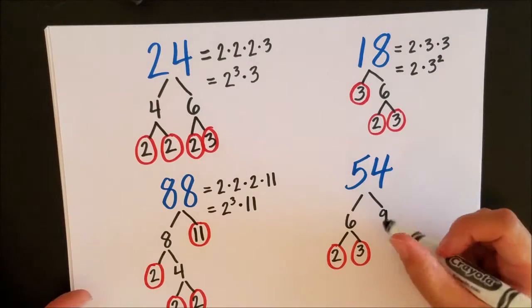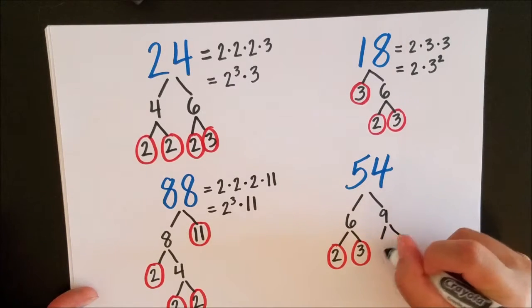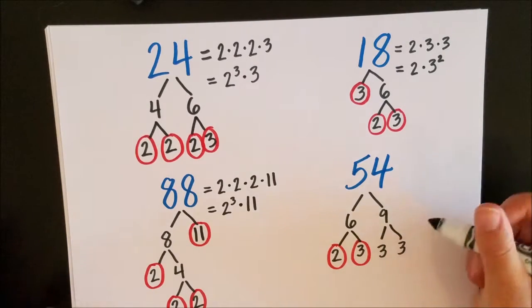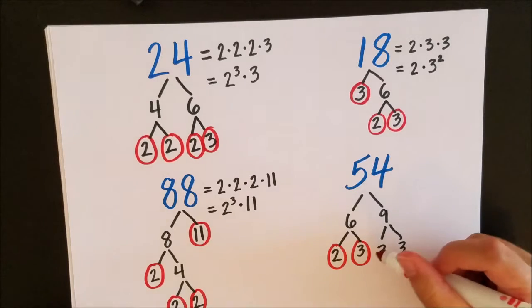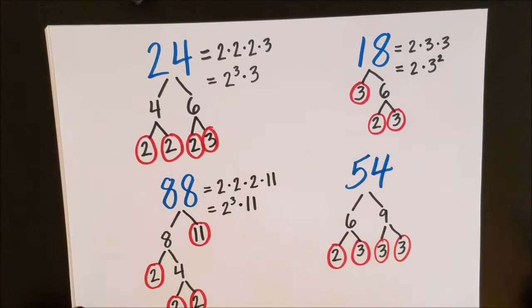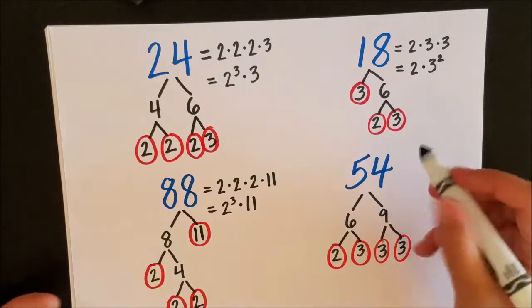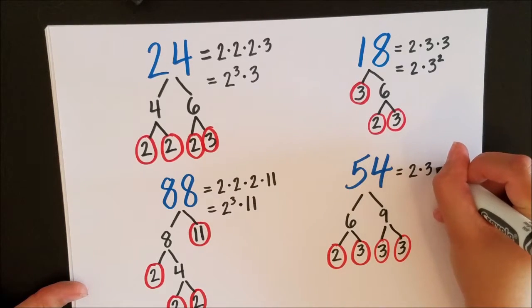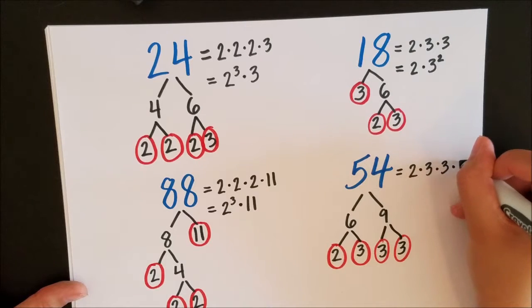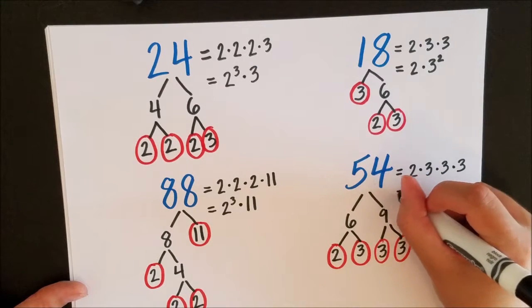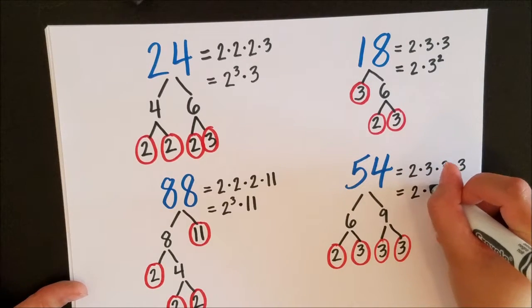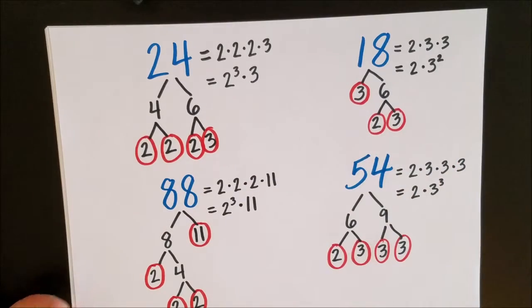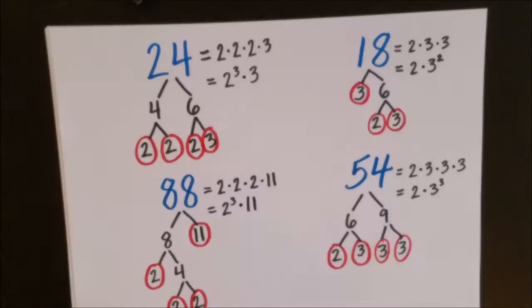And then I'm going to break 9 into 3 and 3, and those are prime, so I'm going to circle those, and I'm done. So I'm going to write out 2 times 3 times 3 times 3, or 2 times 3 cubed. And that's it.